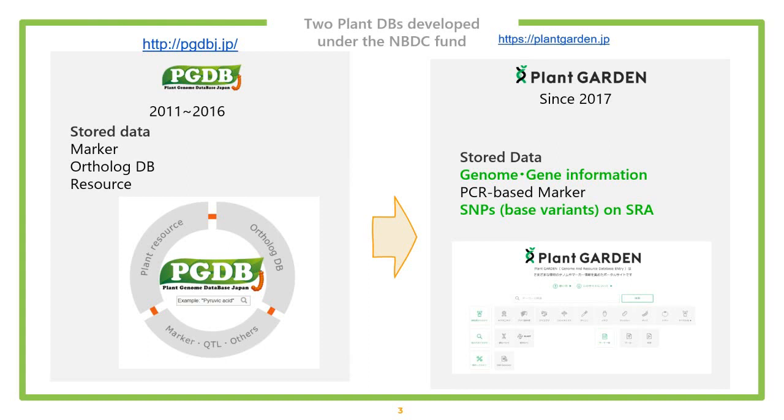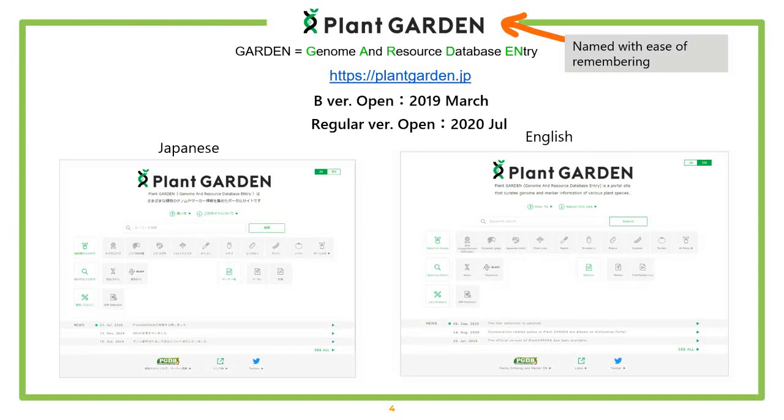Therefore, we decided to construct a new database, Plant GARDEN, which stores genome, gene, and SNP information, as well as DNA marker, QTL, and linkage map information. The name Plant GARDEN is derived from Plant Genome and Resource Database Entry. The beta version was released in March 2019, and the regular version was opened in July 2021.